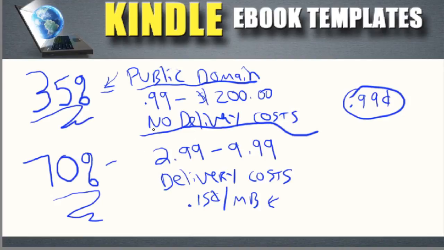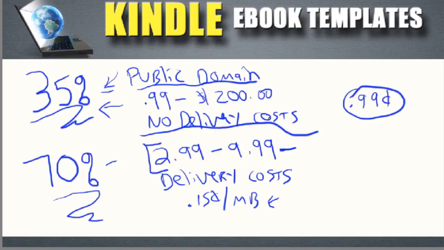Because for the 70%, again, you have to price your book at either $2.99 or all the way up to $9.99. Now, if you have a really expensive book that's more than $10, then you also have to choose the 35% royalty because the maximum book price for the 70% is $9.99.